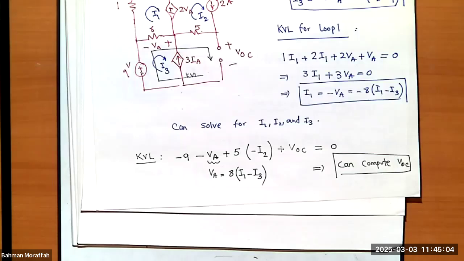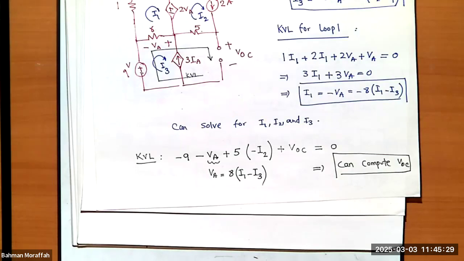I don't know if I answered your question. V open circuit, you have to replace VA by this number, 8 times I1 minus I3. No, you already found I1, I2, and I3.